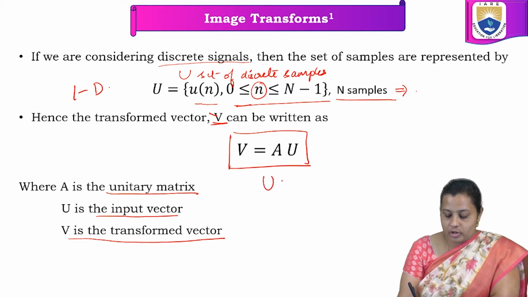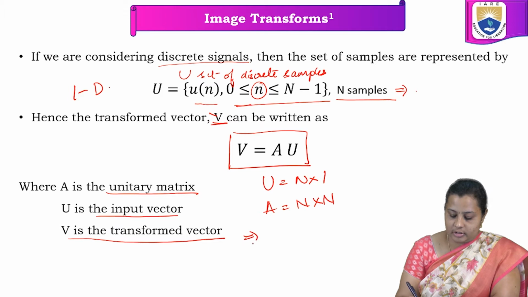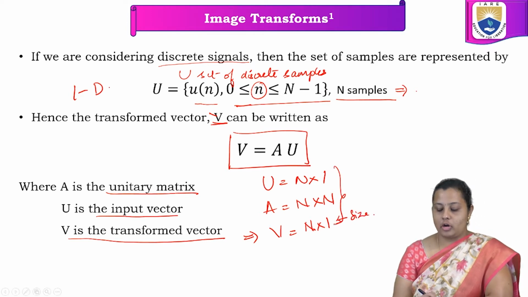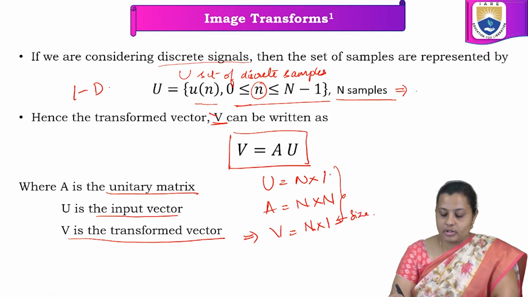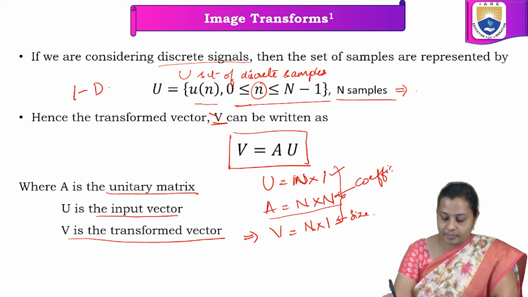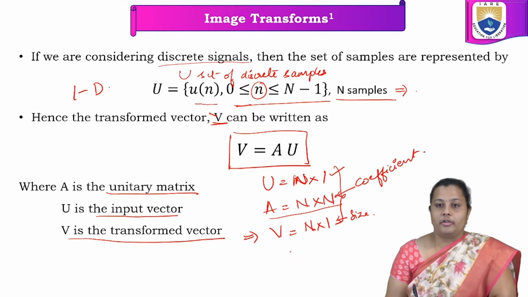If u is of size N cross 1, then A is of size N cross N, which results in v being of size N cross 1. So u is a set of N samples, A is a unitary matrix, which is also called the coefficient matrix, and we get our transformed vector v of size N cross 1.